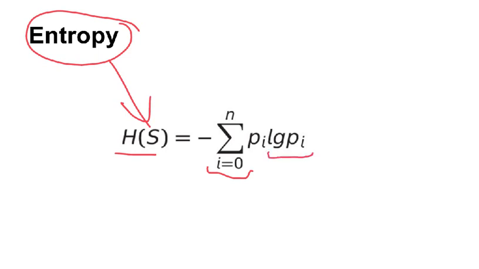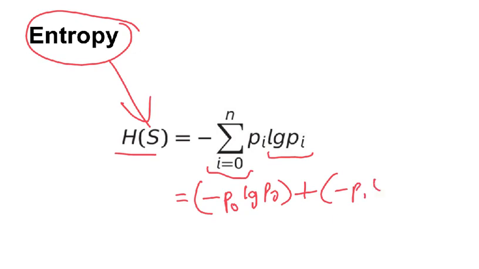What do I mean by that? I can just expand this to show you. We have p0 log p0, and then I can keep adding up p1 plus minus p2 log p2 and so on and so forth.